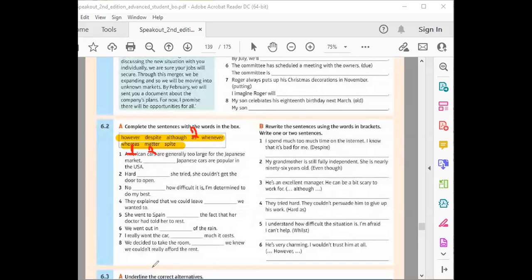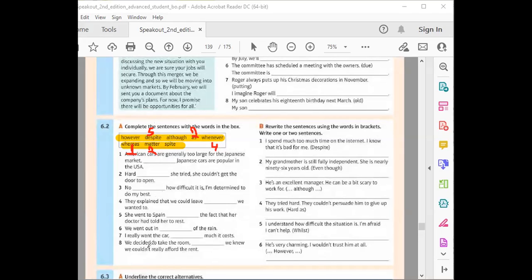I said "although," but I'm not sure. Oh, okay. Not "although." Whenever we wanted to. Okay. She went to Spain despite the fact that her doctor told her to rest. That's correct. Number 5. You can say "despite" here. She went to Spain despite the fact that her doctor had told her to rest. So "despite" is with 5.